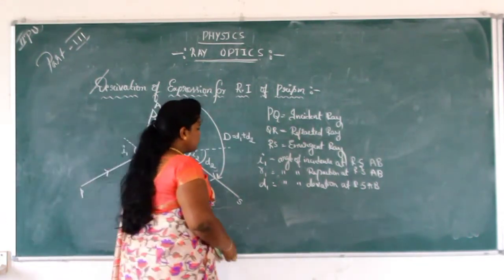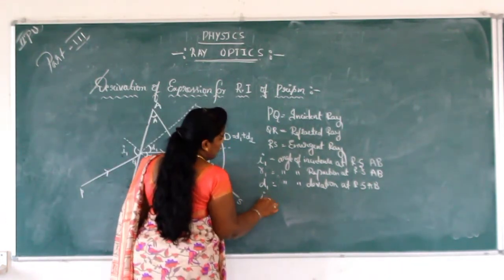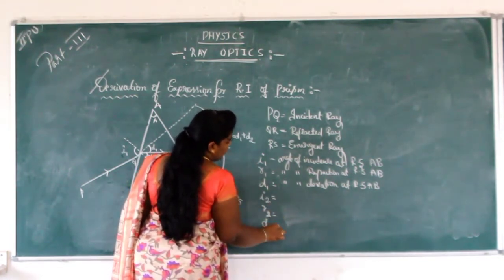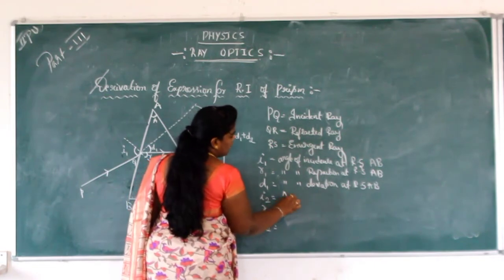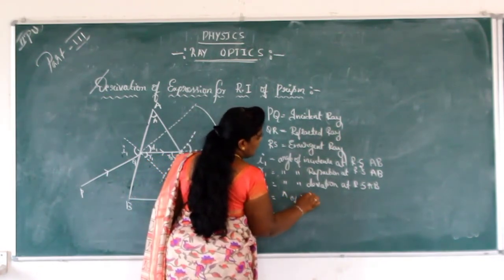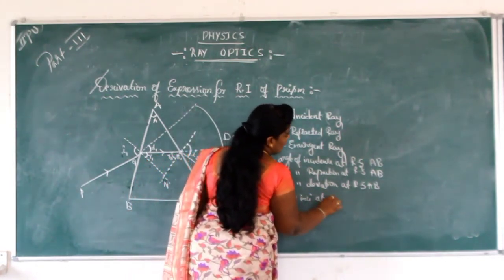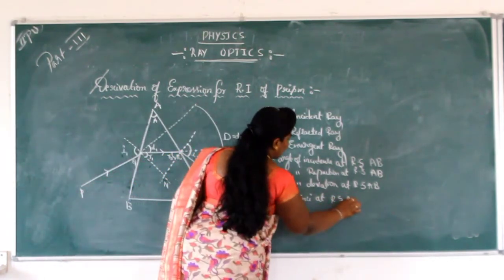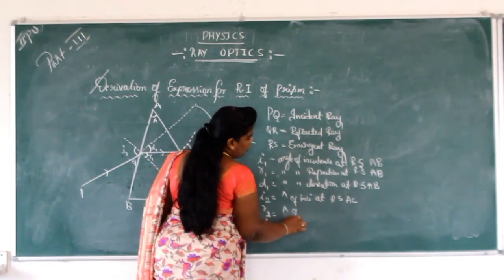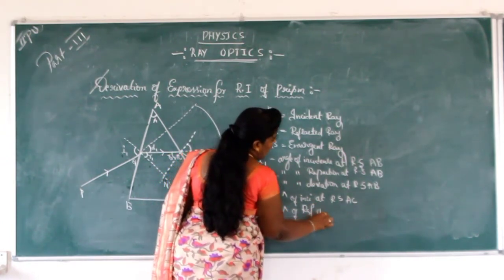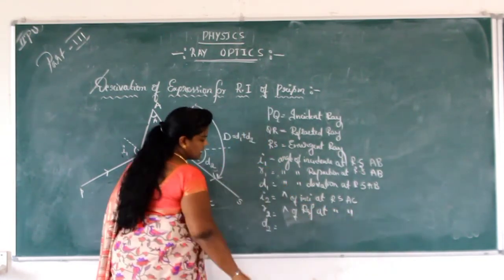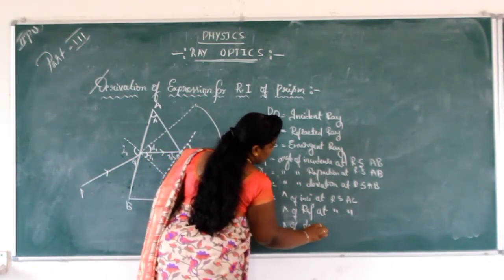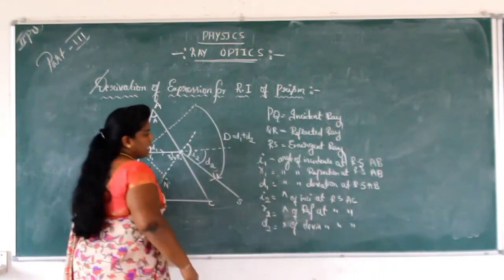I2 is an angle of incidence at refracting surface AC. Similarly, R2 is the angle of refraction at the refracting surface AC, and angle D2 is the angle of deviation at the refracting surface AC.